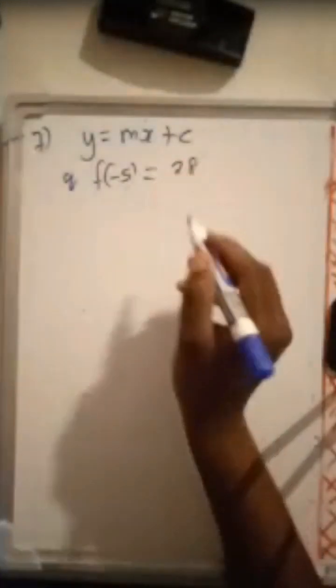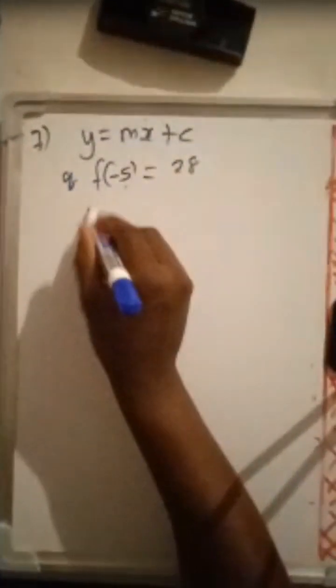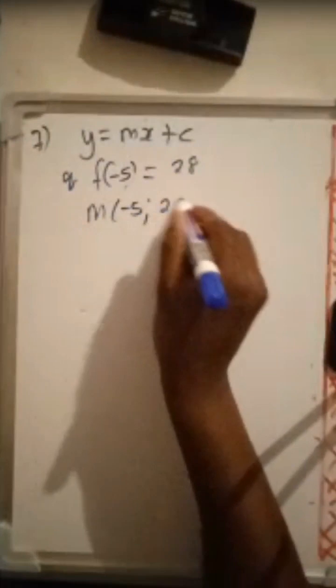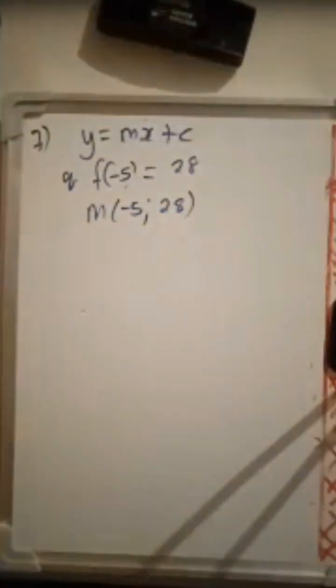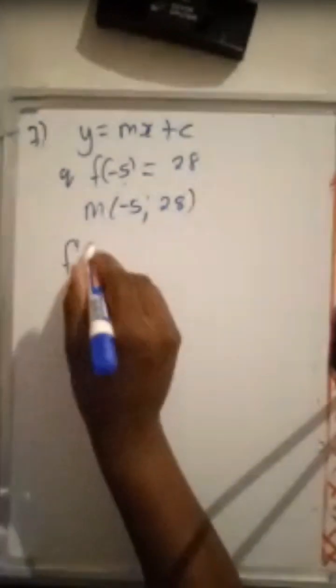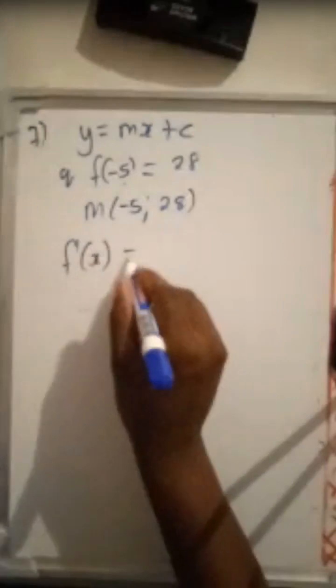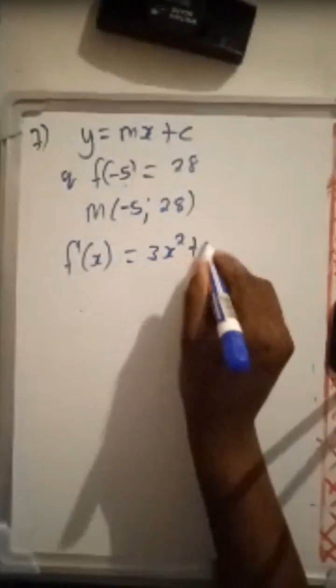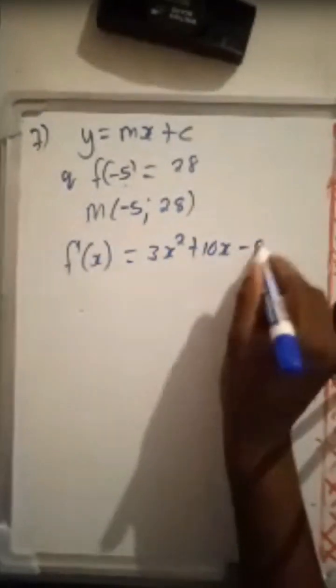We get 28. So it means M has coordinates negative 5, 28. Okay, so the second thing that we need is to find the gradient. But remember that the gradient is given by the first derivative. So the first derivative says 3x squared plus 10x minus 8.